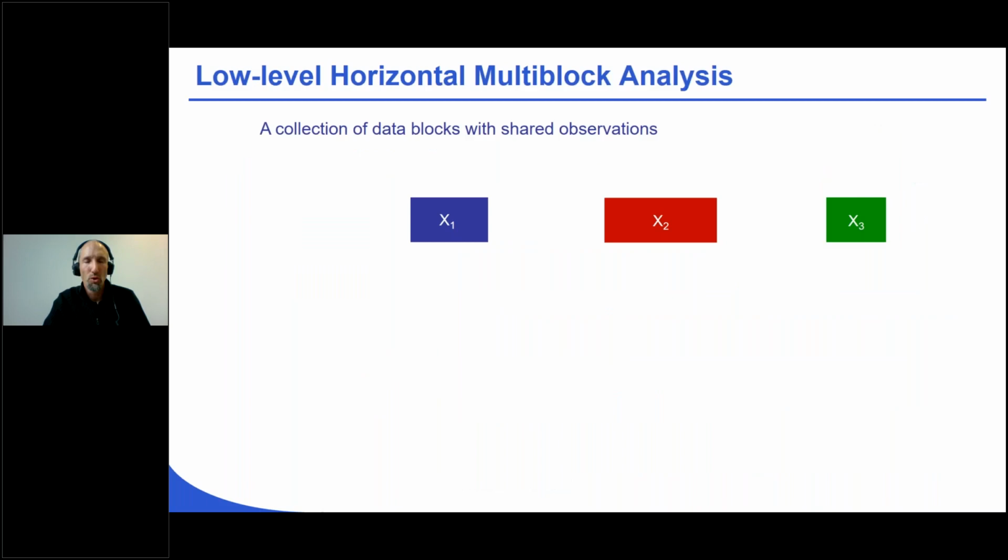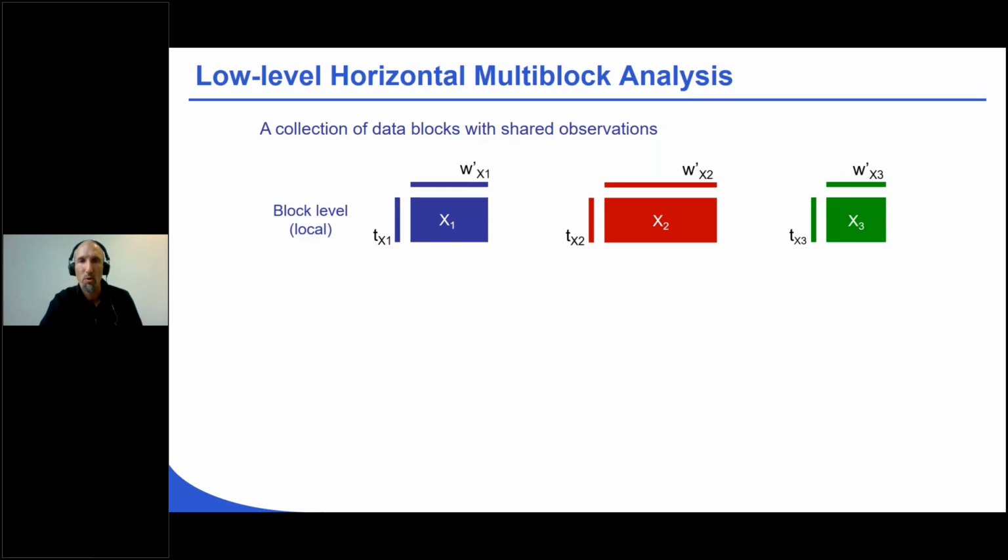So we decided to go one step further with a multi-block analysis strategy that tries to connect the different data matrices. How does it work? You are very probably used to extracting components from single data matrices, and this is done here for each of the data blocks.